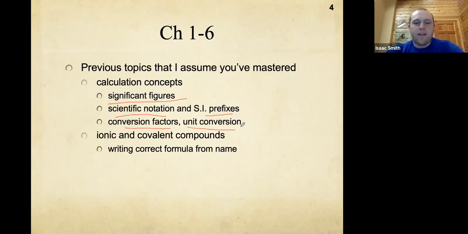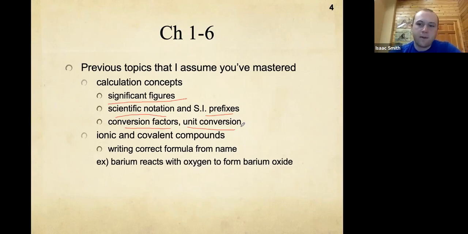And then be able to identify and name ionic and covalent compounds, so going from formula to name and name to formula. An example is, in the first exam, a lot of times I'd say, write the chemical formula for barium oxide. Or I'd give you a formula and say, what's the name of this compound?